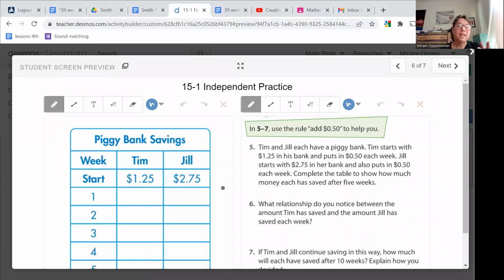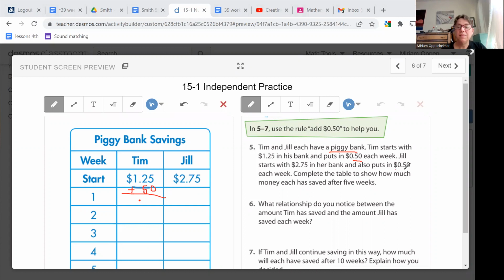Number 6, same idea, right? They're talking about money here, and they're talking about a piggy bank. You know, a little bank that looks like a pig, and you put your little money in it. And what are we going to do? 50 cents, 0.5 every day, right? 0.5 plus 0.5 every time.